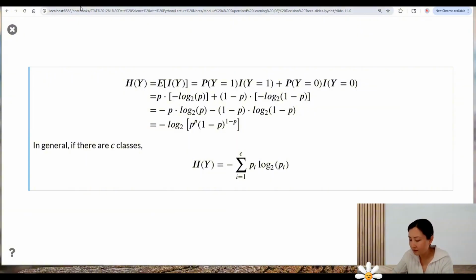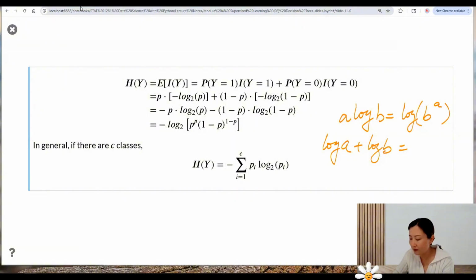We know that A log B is equal to log B to the A. And also we know that log A plus log B is equal to log A times B. If we follow these two rules, we get this formula: negative log 2 of P to the P times 1 minus P to the 1 minus P. So this is the formula for the entropy of an event with two possible values, 0 and 1.